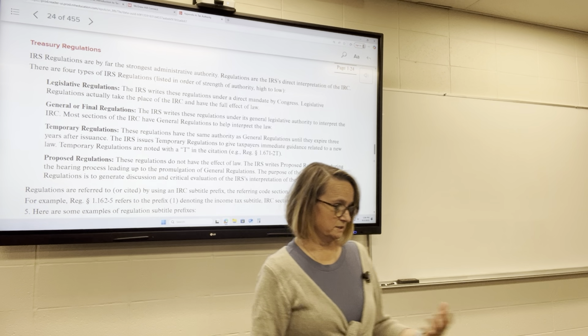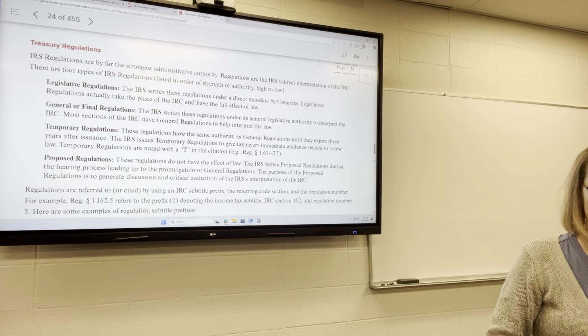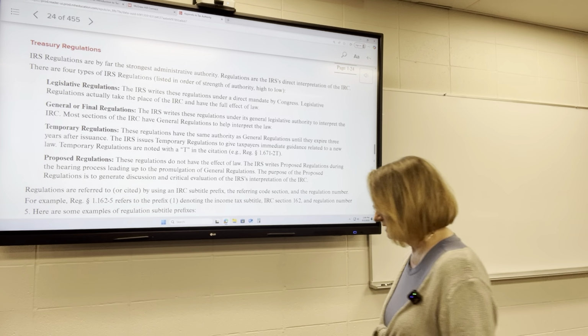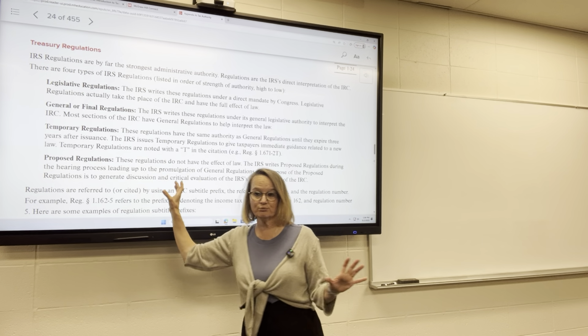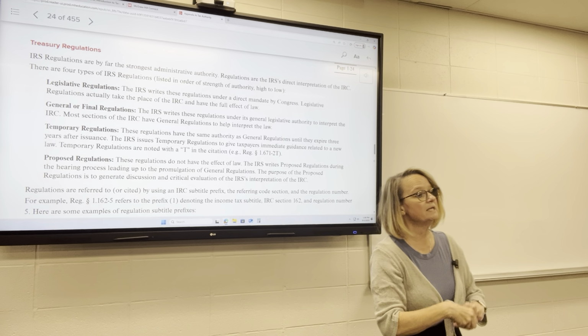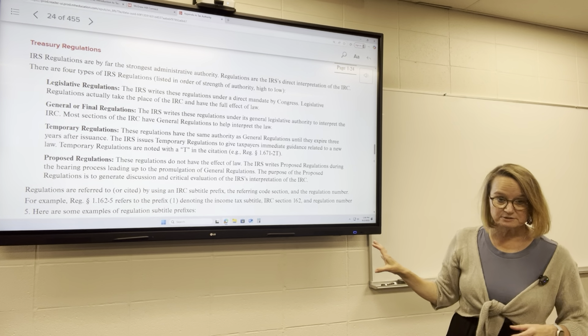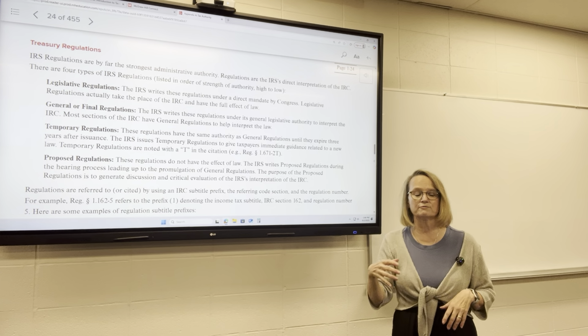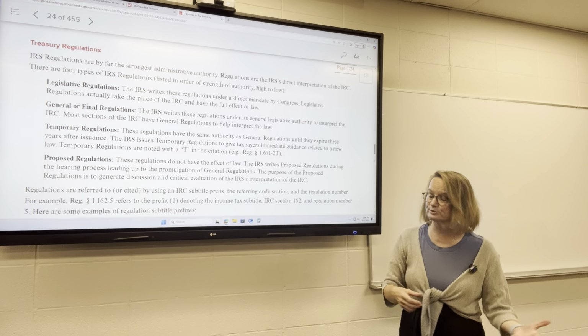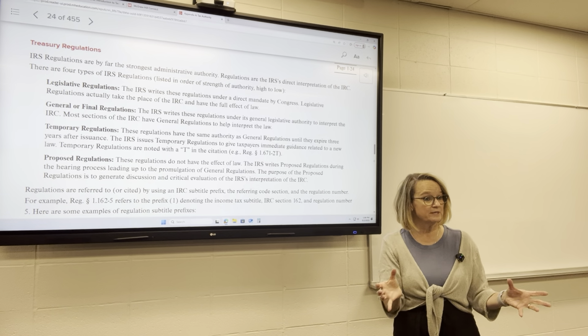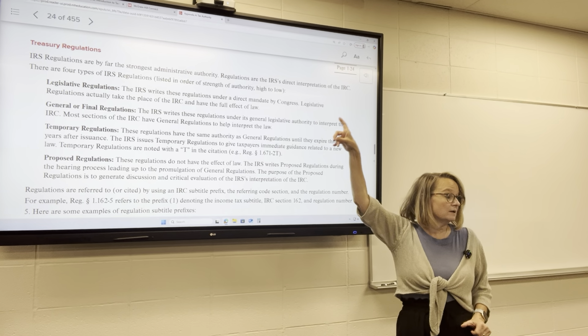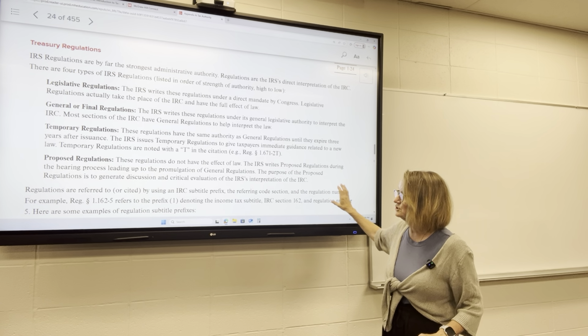What exactly is tipped income? What isn't tipped income? The IRS will write temporary regulations so that in the immediate aftermath of passing the law, the taxpayers have some sort of guidance on how to treat these new regulations. But they're only for 3 years while they're writing permanent regulations, while they're writing the legislative.